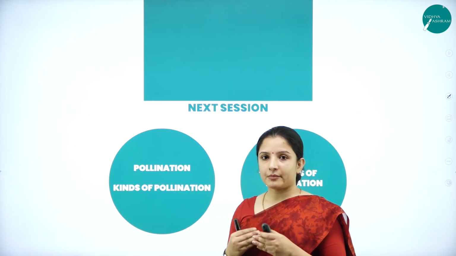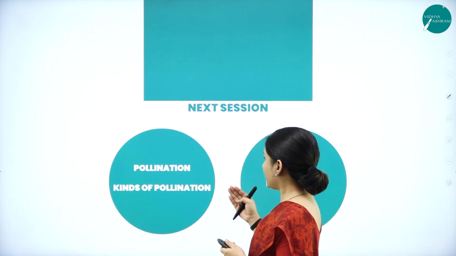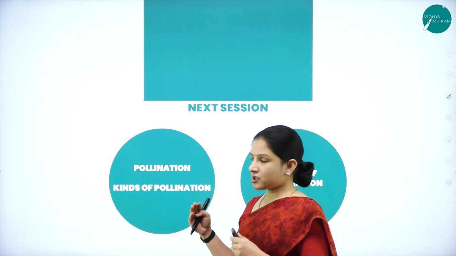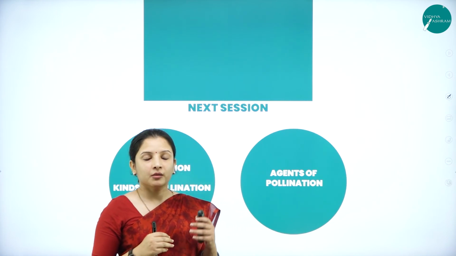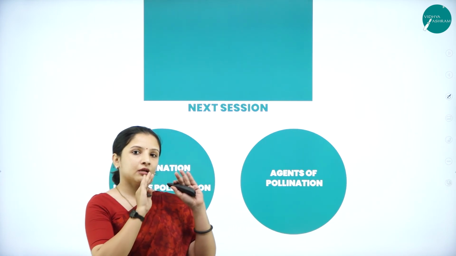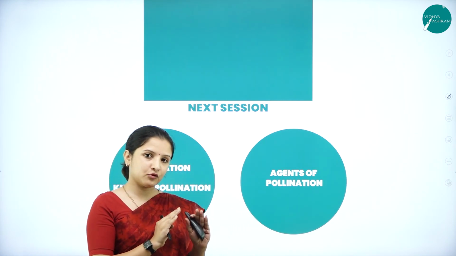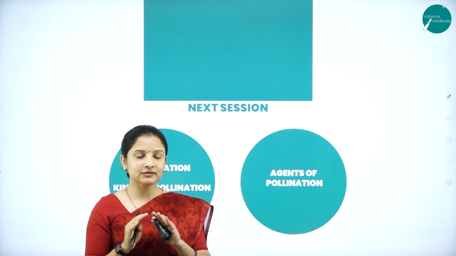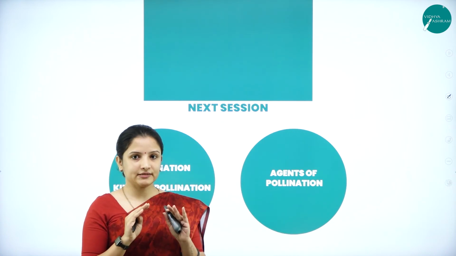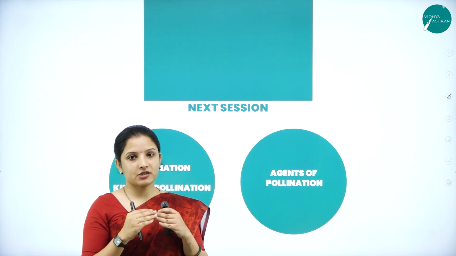In the next coming session, we will study pollination, the kinds of pollination and the agents of pollination, because once microsporogenesis and megasporogenesis have taken place, the next step is fertilization, wherein double fertilization will occur.